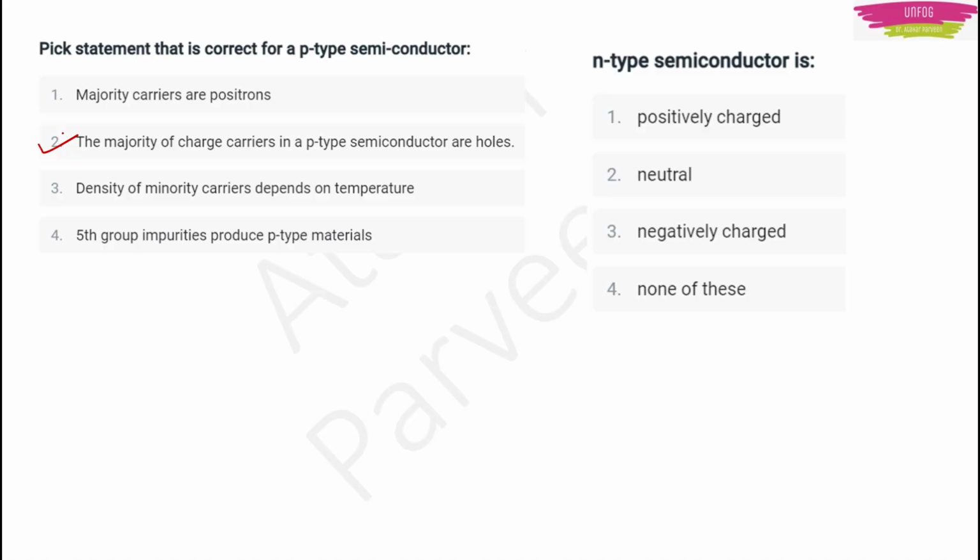Then for the N-type semiconductor, see what I have told you: it is not negatively charged. We say that here the majority charge carriers are negatively charged electrons, but the semiconductor material itself is not negatively charged. It is neutral. I am expecting this question this time.